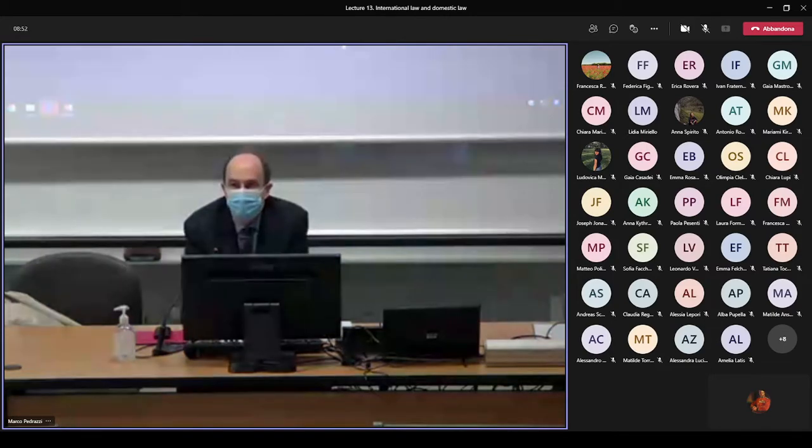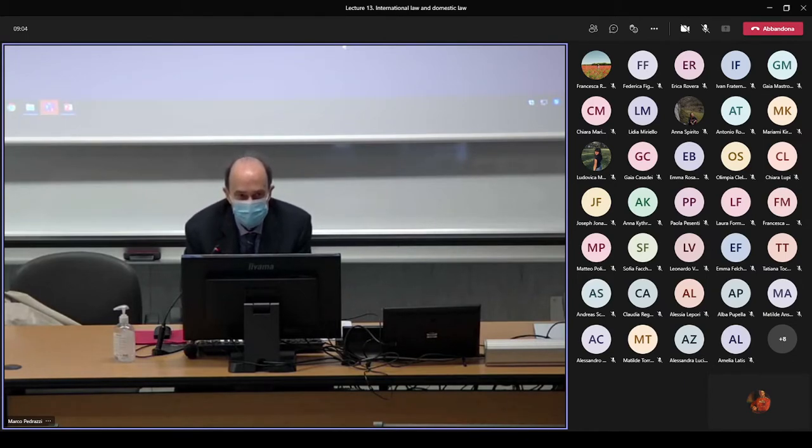Anyway, I think they are useful also because they show that there was a need to clarify some further issues in relation to reservations on one side, and on the other side that there are still some misunderstandings on reservations.